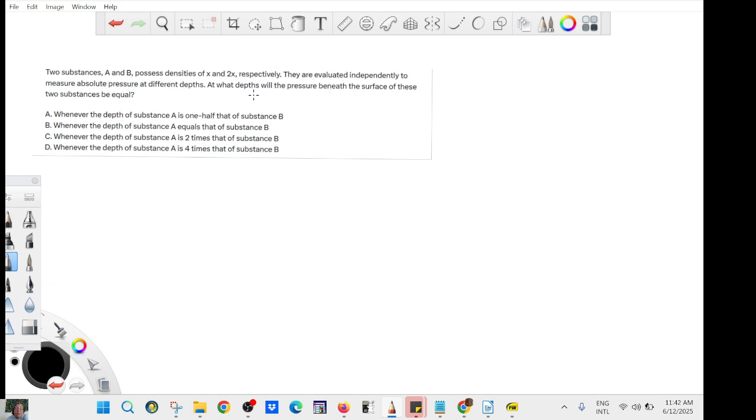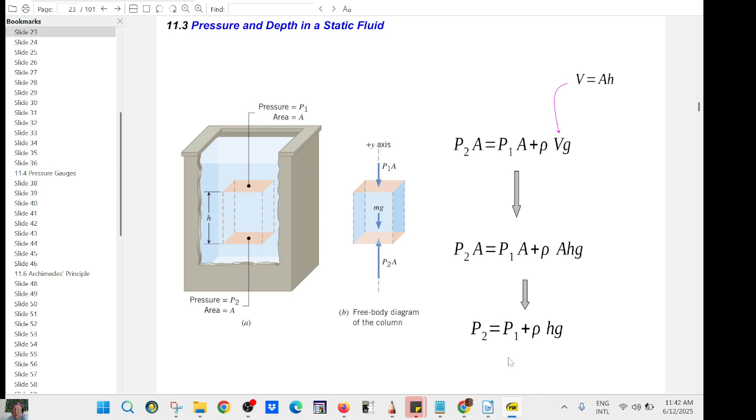They are asking about the pressure beneath the surface, and they want that pressure to be the same for both cases, right? So they are referring to hydrostatic pressure, and you have delta P.